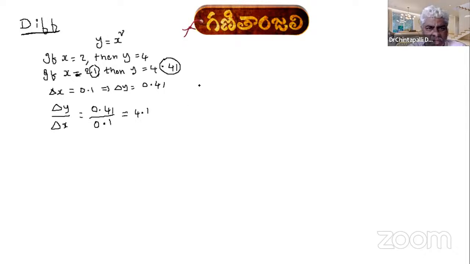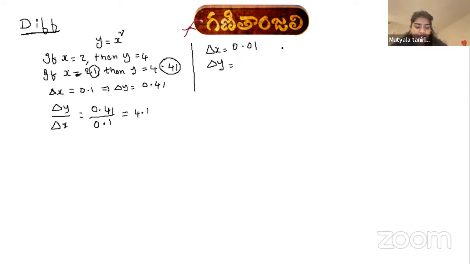Now, if delta x is equal to 0.01, can you tell delta y? If delta x is equal to 0.1, then x is 2.1.